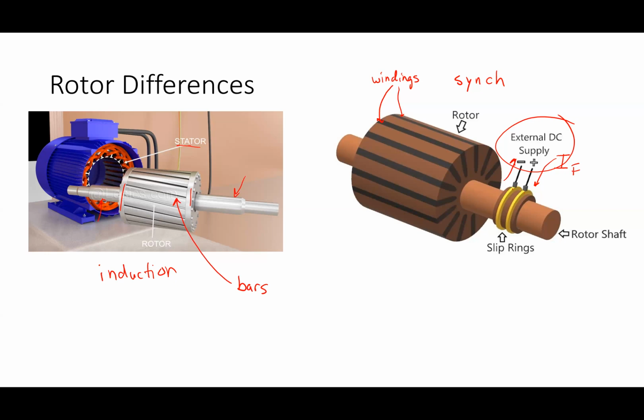If I had a nice big motor, 100 horsepower or something like that, it's probably a copper bar. And so what's happening is, as this rotor spins, we induce a current into the rotor. Sometimes this is called a squirrel cage rotor. Basically, it's a cage of bars.